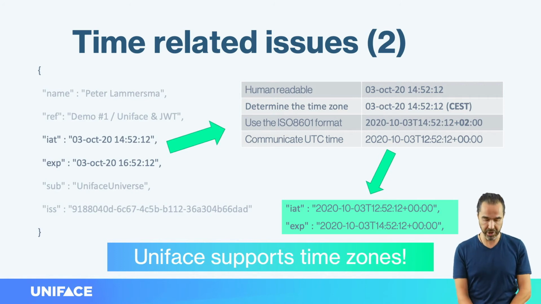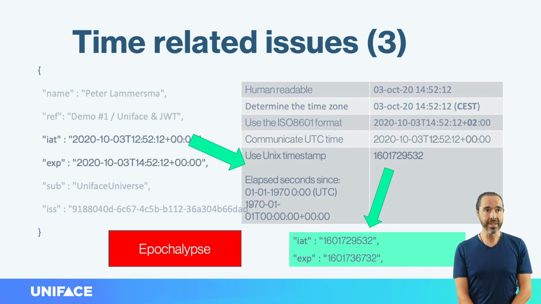That is the issue, I guess. But still we have another problem. That is, how do we communicate the time itself? So not what the time is meaning, but the time itself, the format of the time.